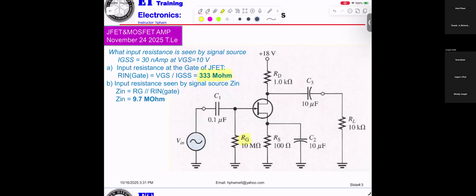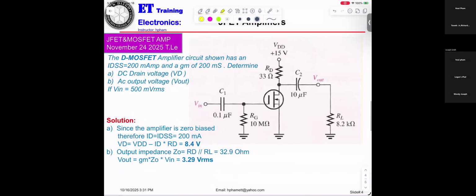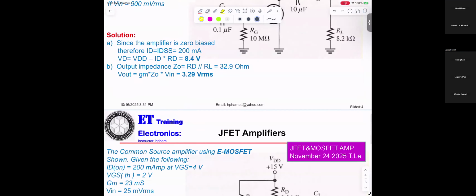Let's see what else. Now, the MOSFET. Okay, that I try to see.